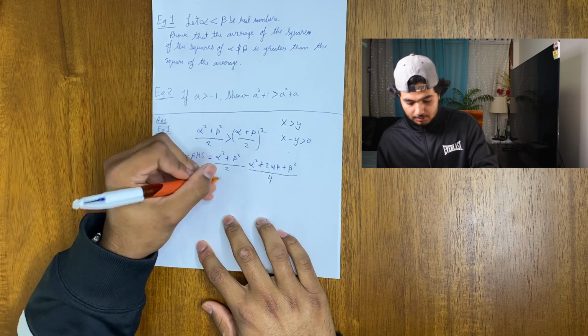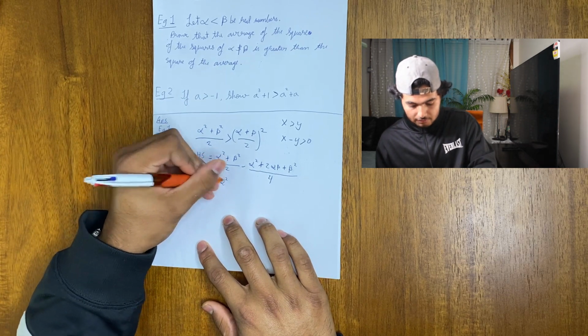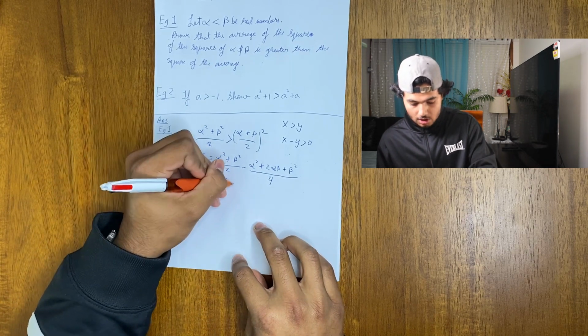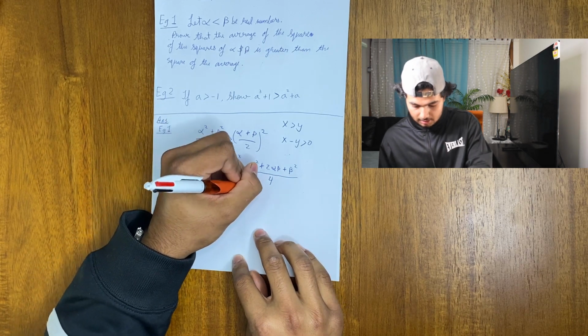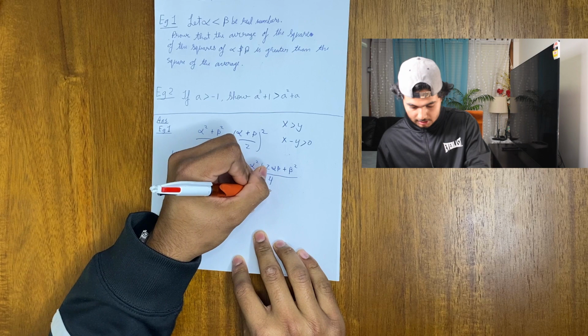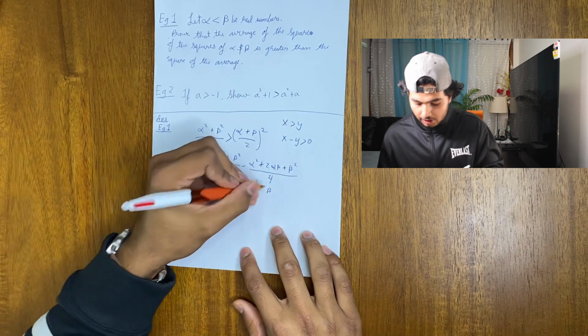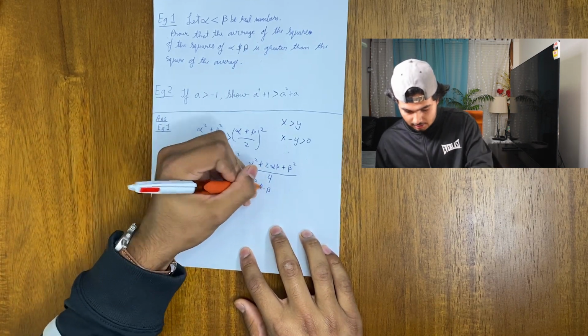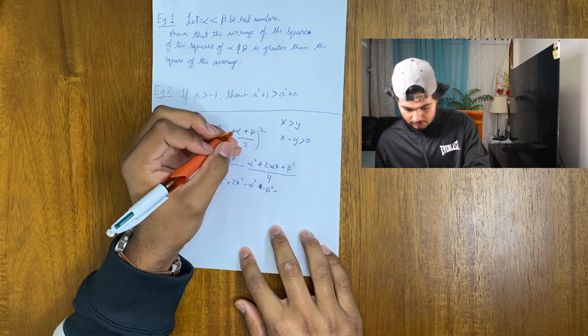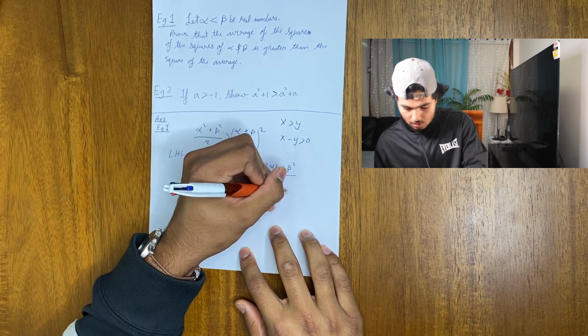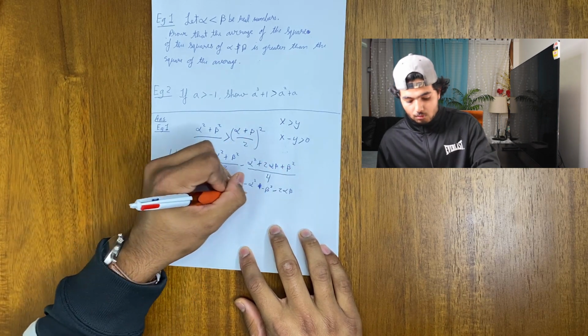Further simplify this, we have 2 alpha squared plus 2 beta squared minus alpha squared plus beta squared, minus in this case, minus 2 beta squared minus 2 alpha beta all upon 4.